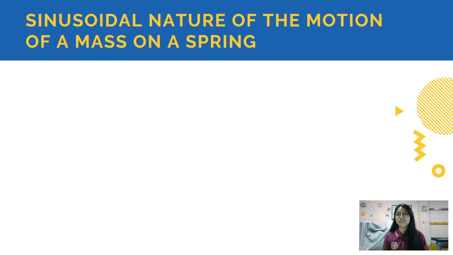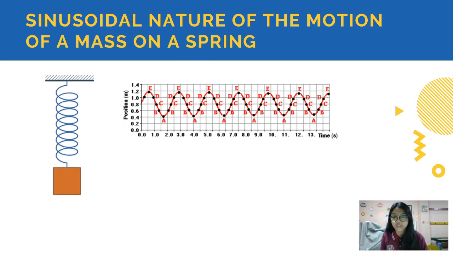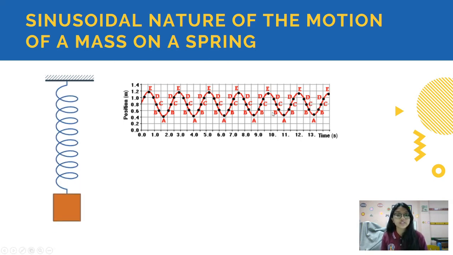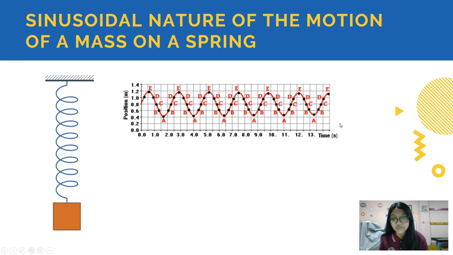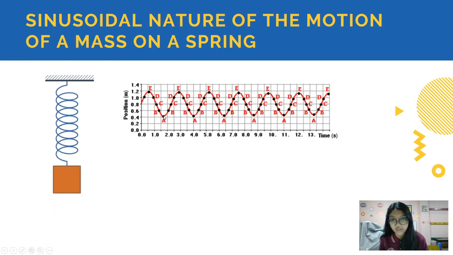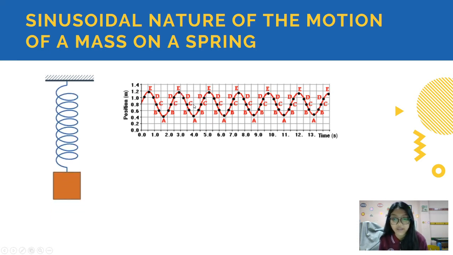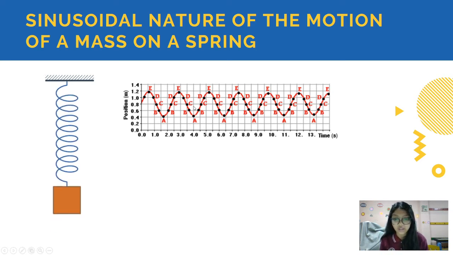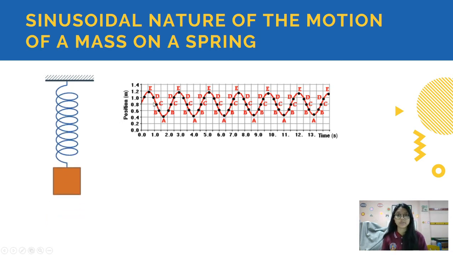Okay, the next topic is the sinusoidal nature of the motion of a mass on a spring. Here is the diagram. The labeled positions in the diagram are the same positions used in the discussion before. Let us remember that discussion: A and E were positions at which the mass had zero velocity, while C was the maximum speed.